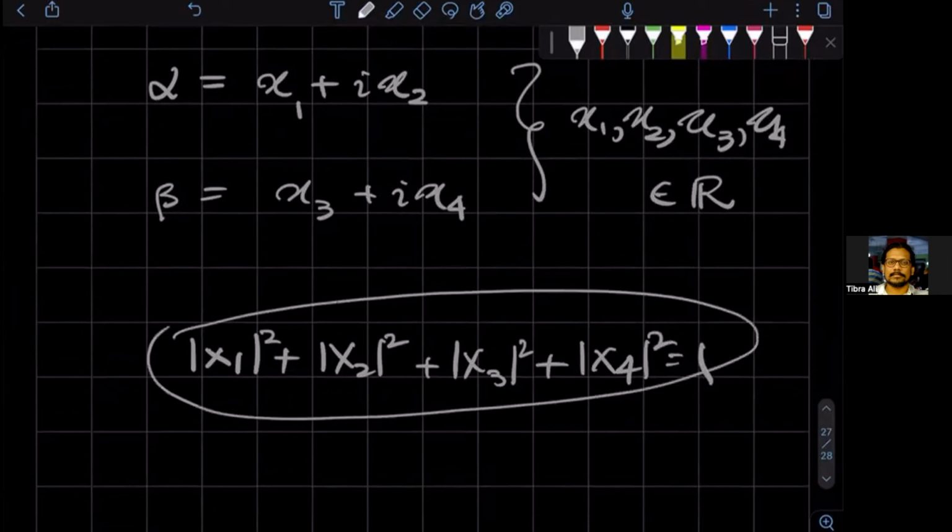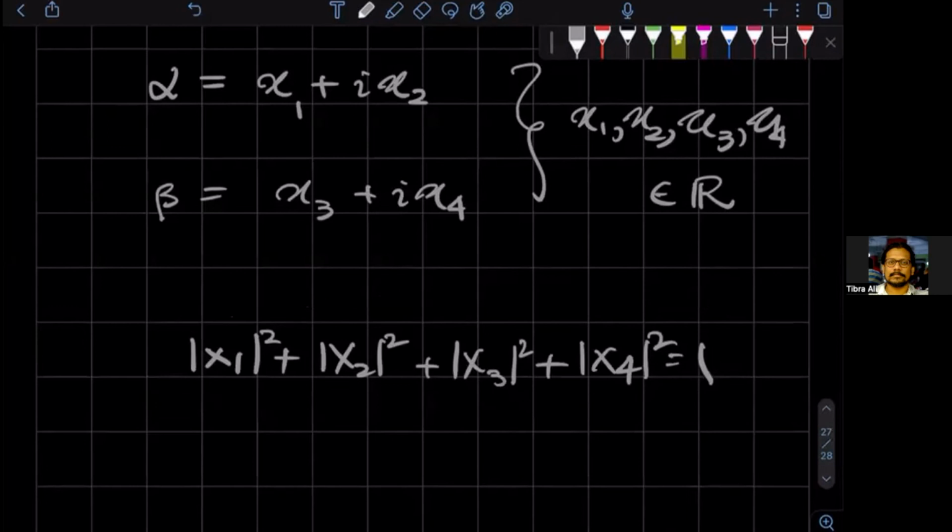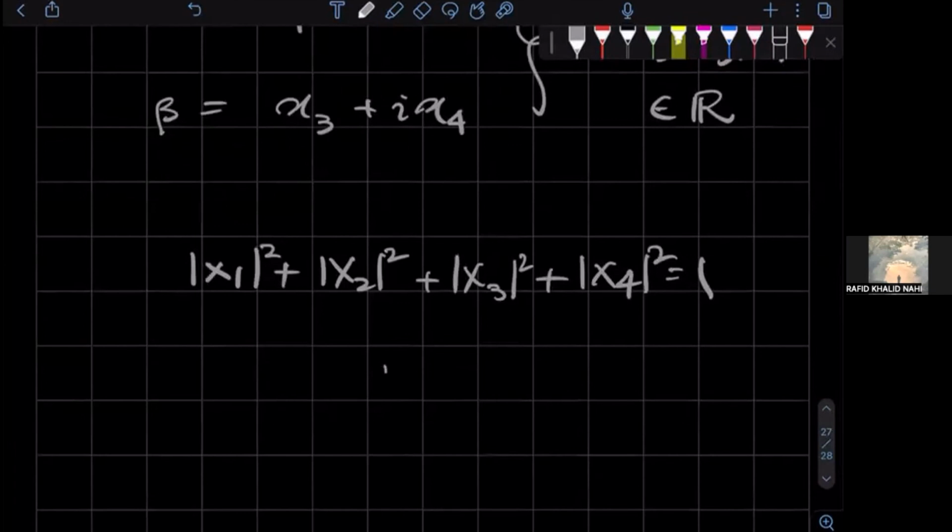Do you know what this equation describes? A sphere in 4D, or a spherical surface. What is the dimension of the sphere? 3. So a 4-dimensional hypersphere. Yeah, so this describes an S3. Therefore, we have established that the parameter space of SU2 is a 3-dimensional sphere.